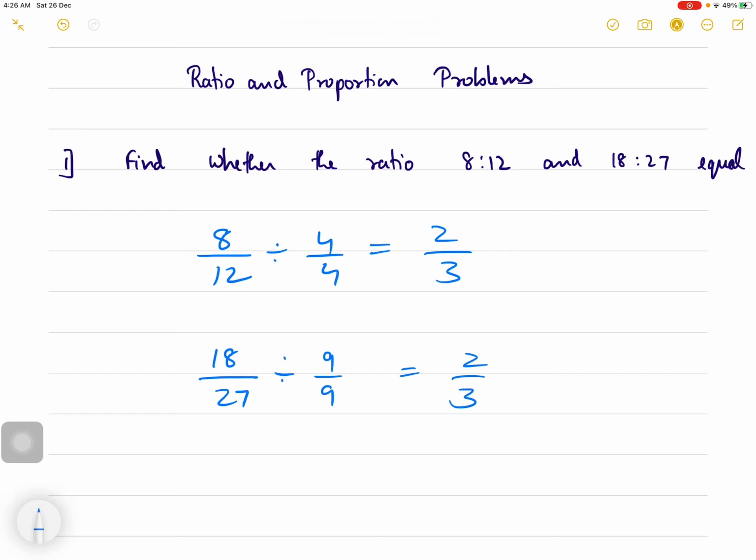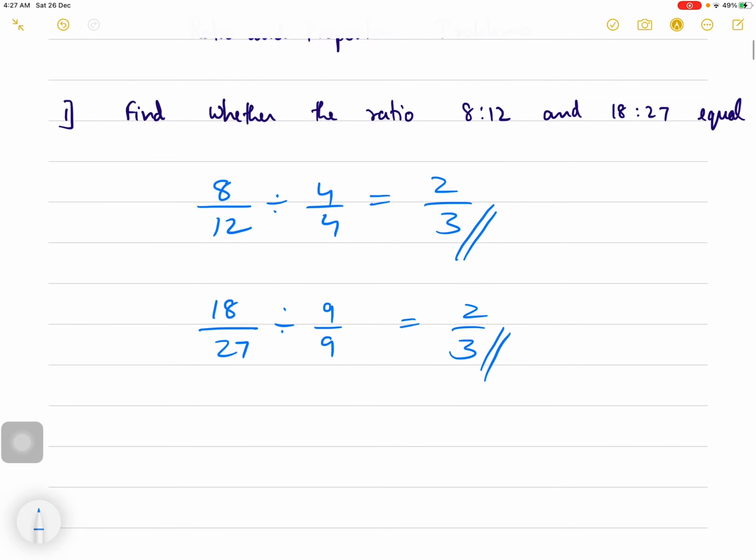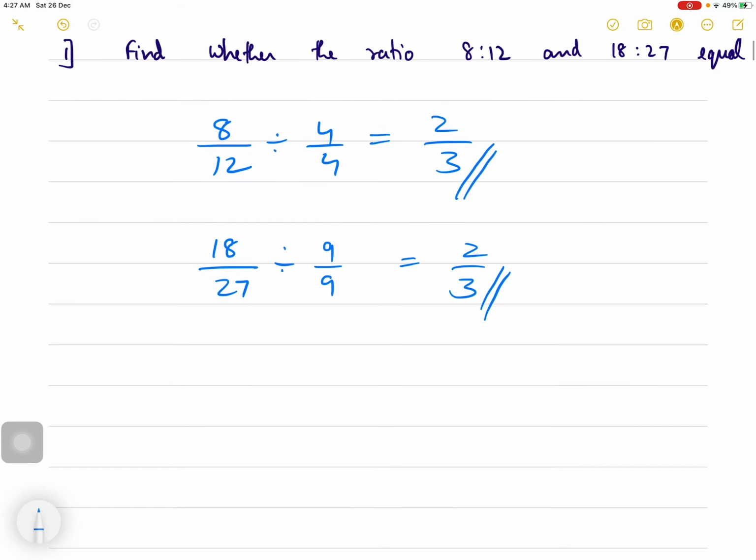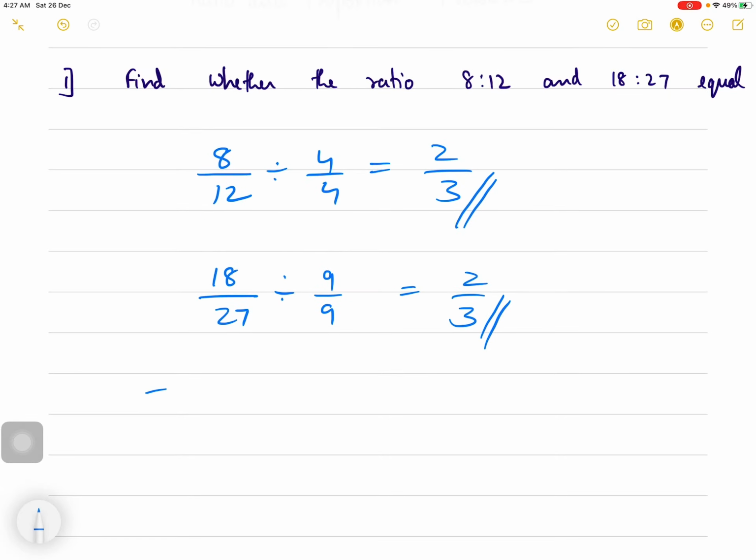Okay, so since both the answers are same, the said ratios are equal. I can write both ratios are equal.